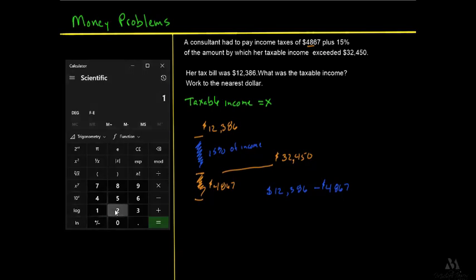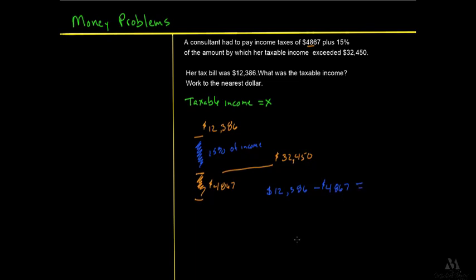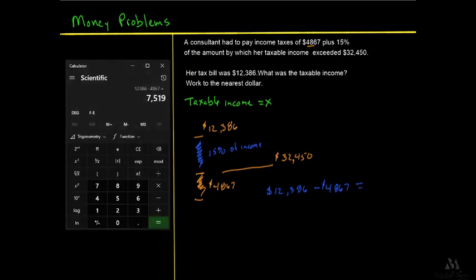So I've got 12,386 minus 4,867, which is $7,519. All right.